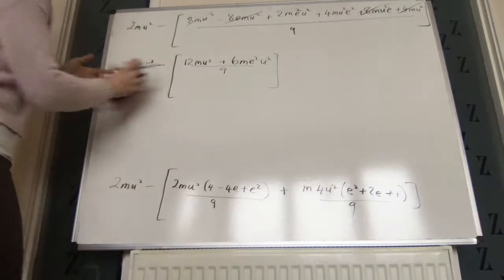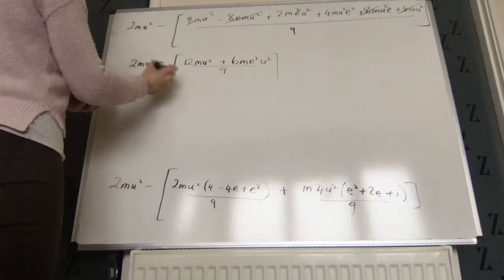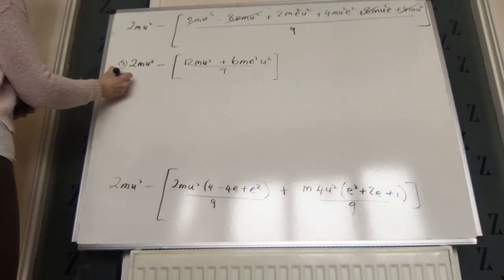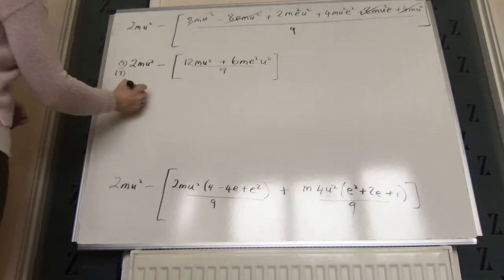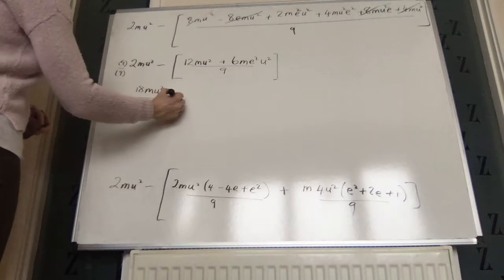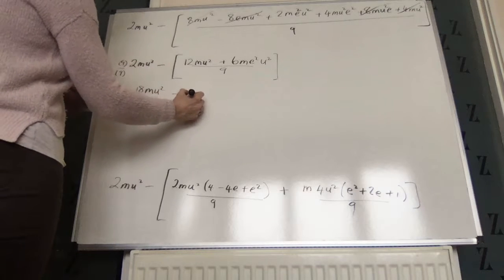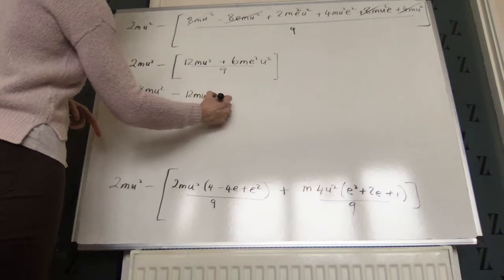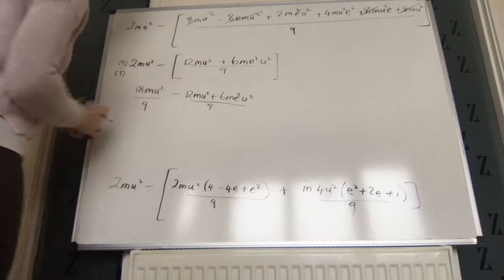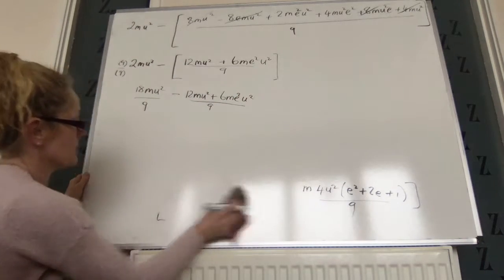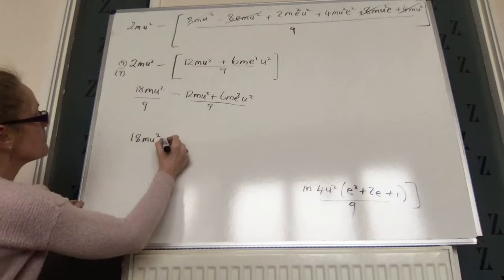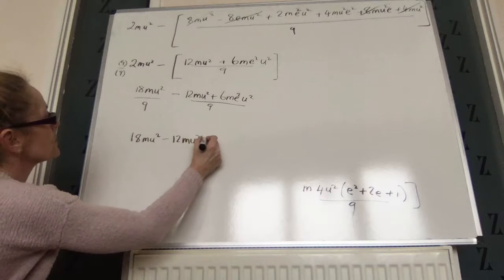Now if we want to take away a fraction, we should put this one over 9, multiplying by 9 on the top and bottom so we're not changing it. So that's 18mu squared over 9, take away 12mu squared plus 6me squared u squared over 9. That gives 18mu squared minus 12mu squared.